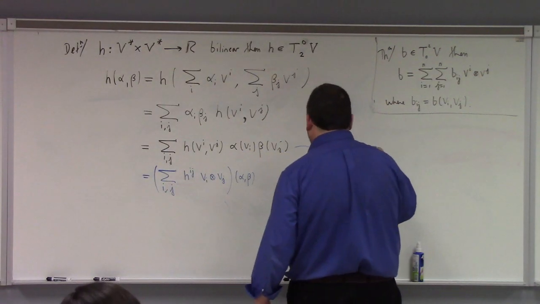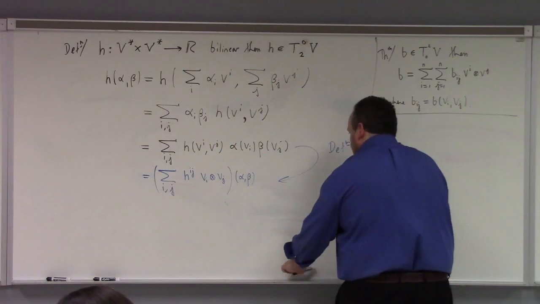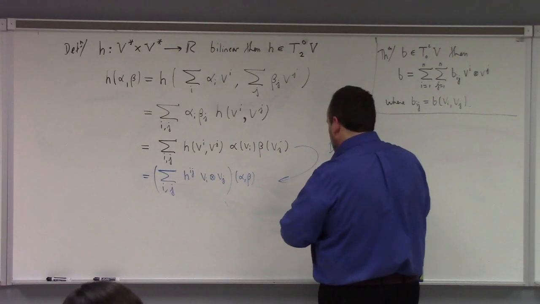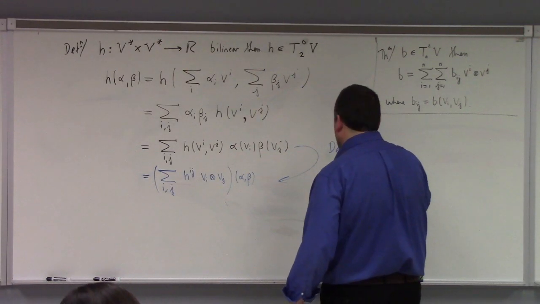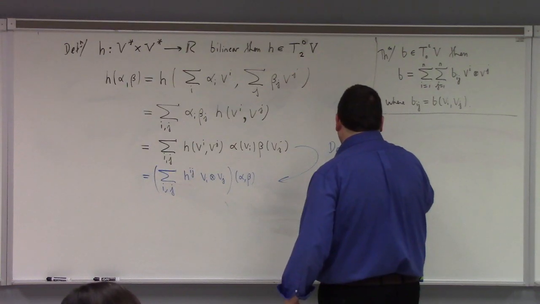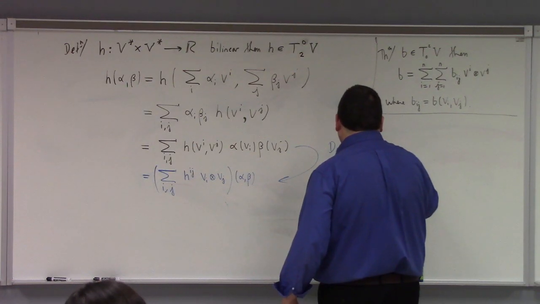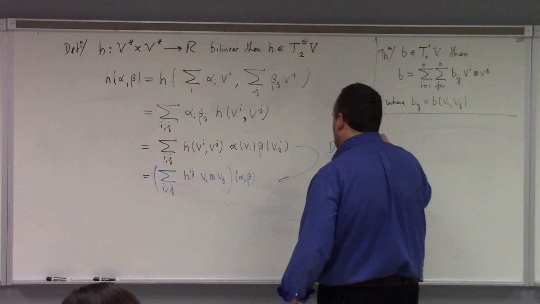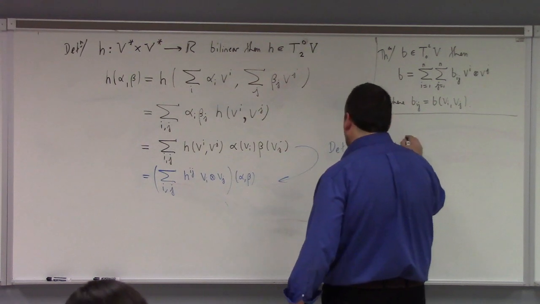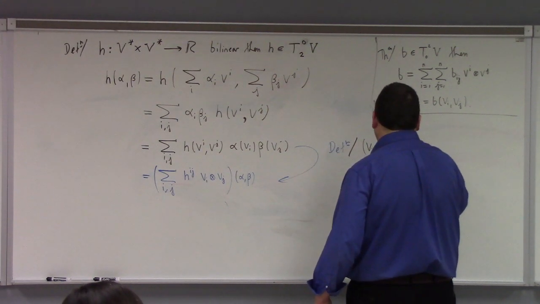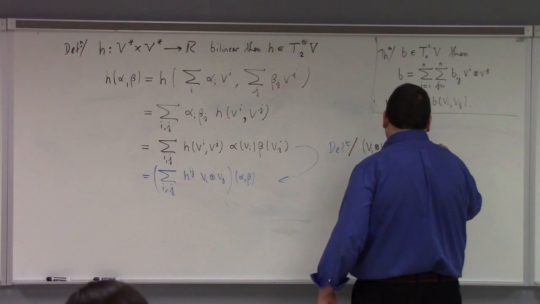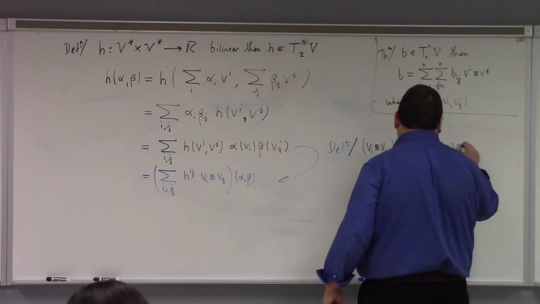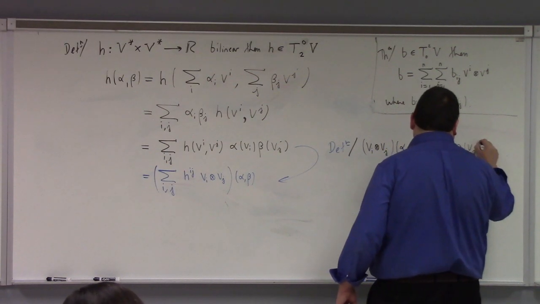My definition is that if I have the tensor product of two vectors, like v_i tensor v_j in this case, and that acts on a pair of dual vectors, the way that works is we just do alpha of v_i, beta of v_j.